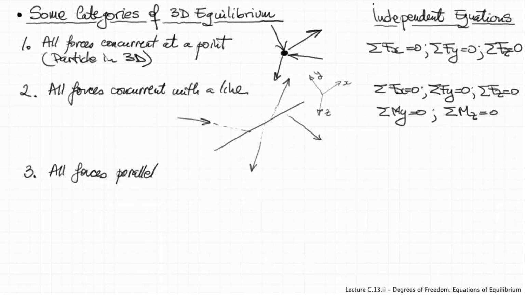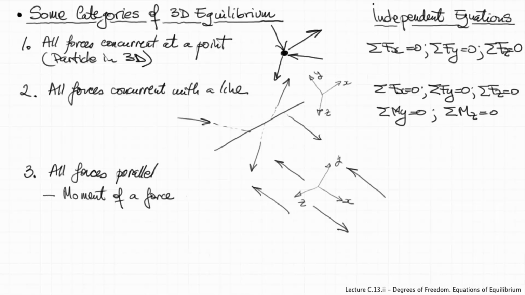Now another case is when all the forces are parallel to themselves. So they're all parallel. So let's see how this case might look. Again, I'm going to consider that all forces, just for simplicity, are parallel to the x-axis in this case. So these would be the forces, as you can see, parallel to x. And therefore, forces that are parallel to an axis cannot rotate about that axis. So therefore, the moment of these forces about x will be 0.